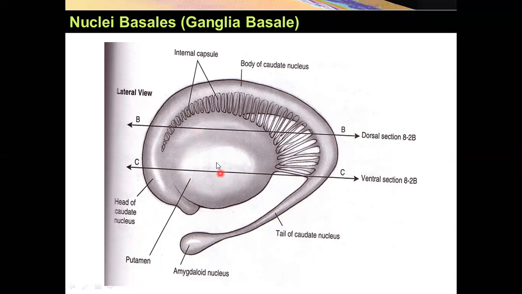Again, this is the putamen here. So the putamen and the head of caudate nucleus is almost at the same level in the brain. This is the internal capsule.